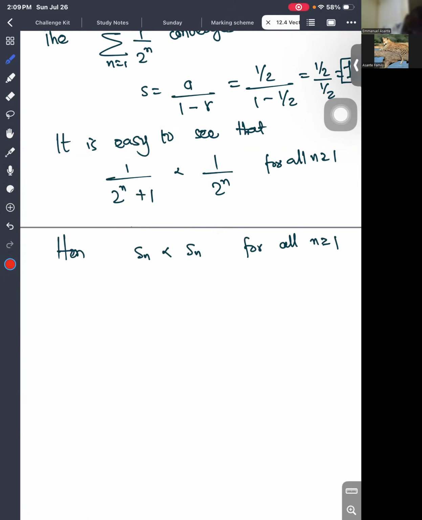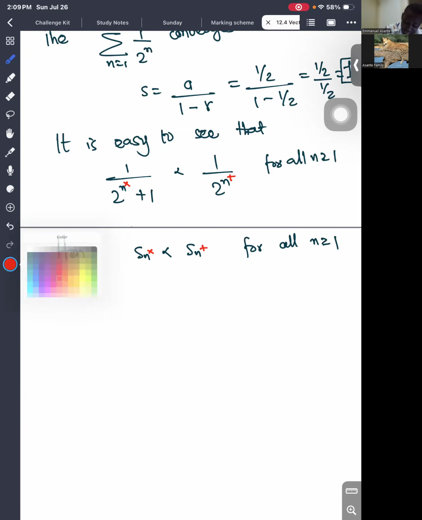Let's call this partial sum S_n times, and this one S_n plus. The sum of the first n terms of this series is less than the sum of the first n terms of this series. So S_n times is less than S_n plus.